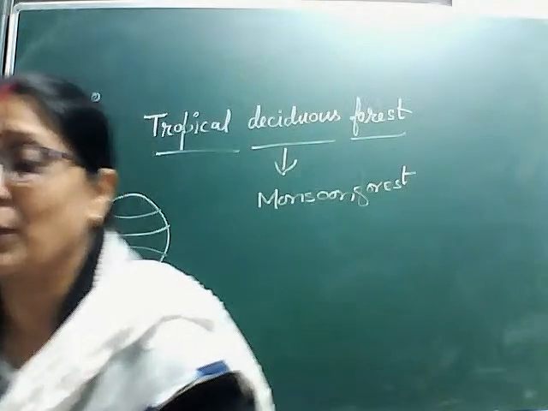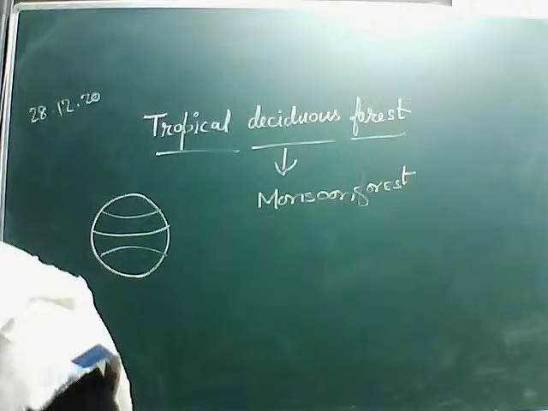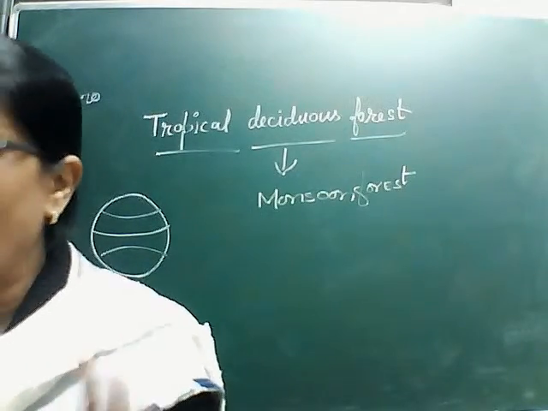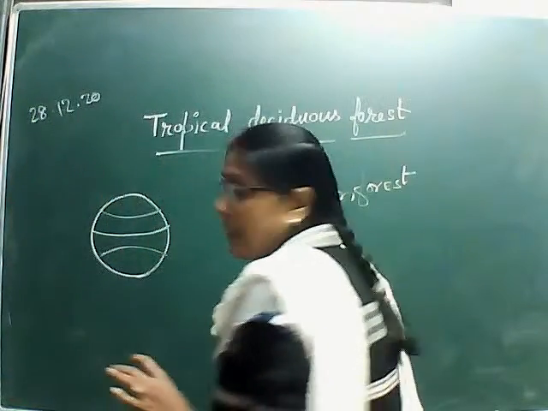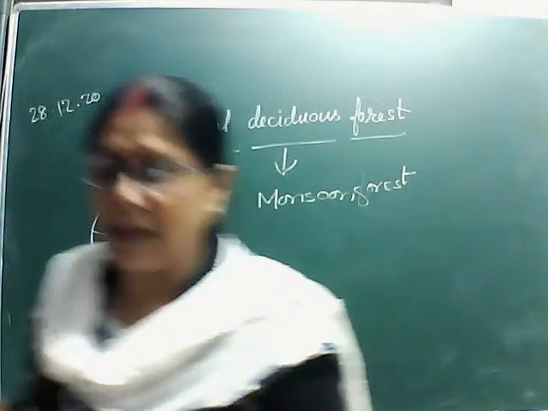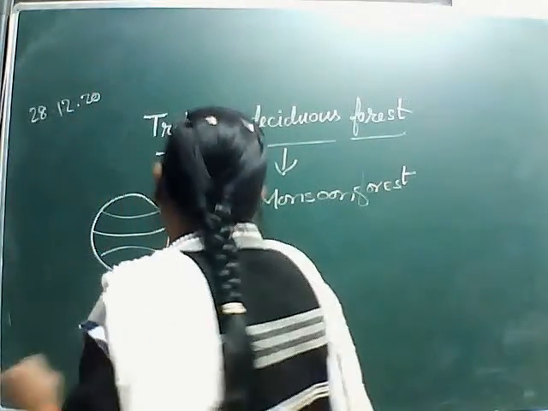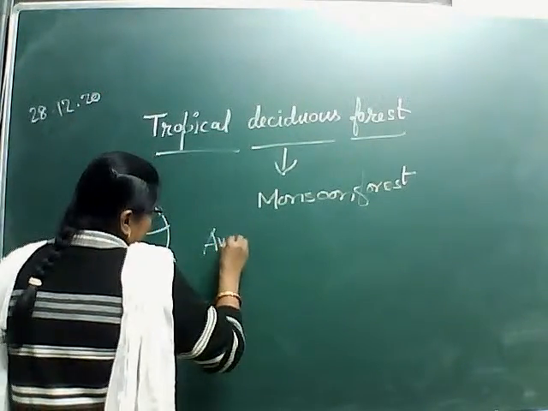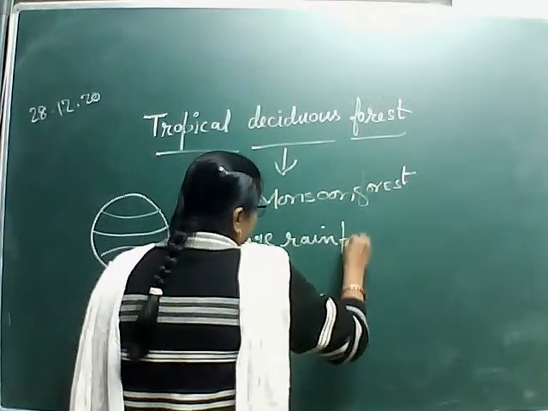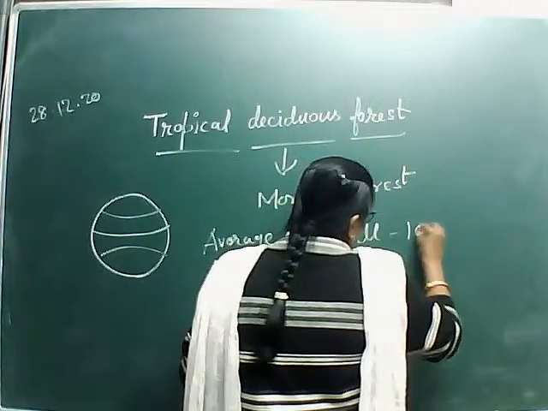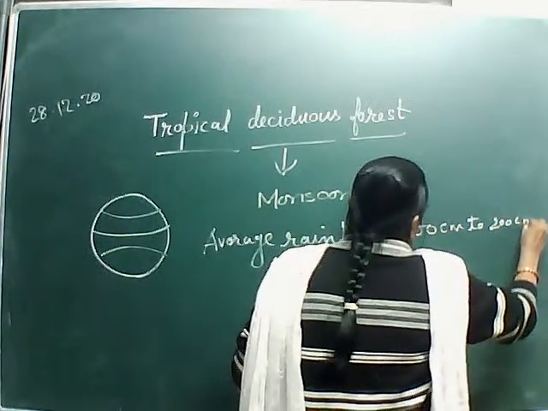Ashish Mukhe. Yes, good. So they are found in areas which have average rainfall. In which area can we see this type of forest? Where the average rainfall is 100 centimeters to 200 centimeters. Average rainfall is 100 to 200 centimeters.